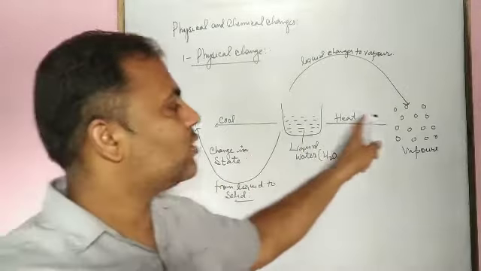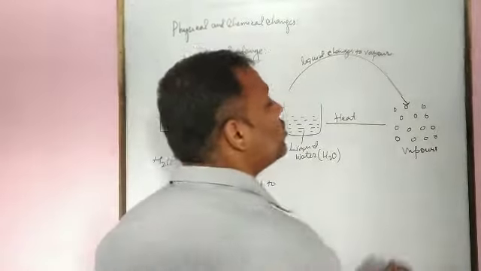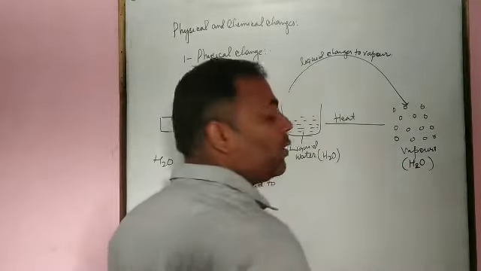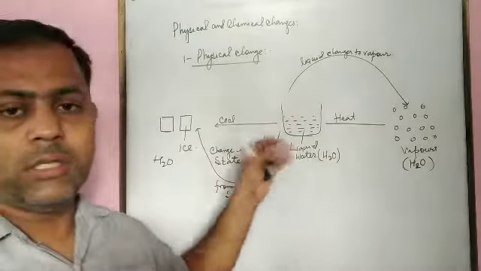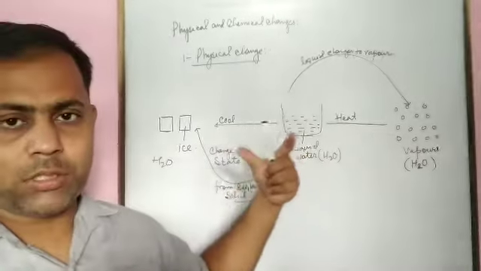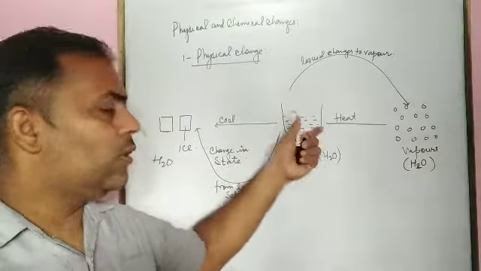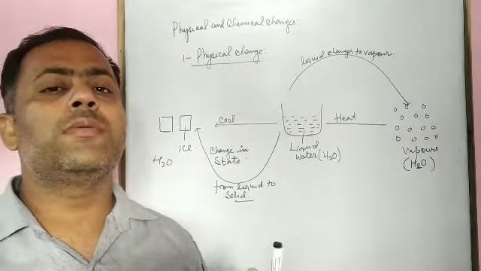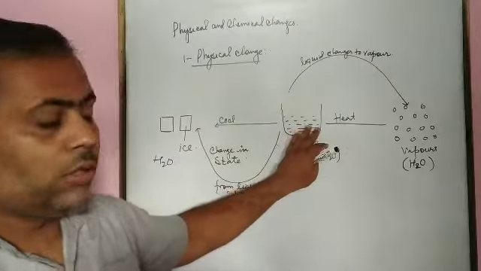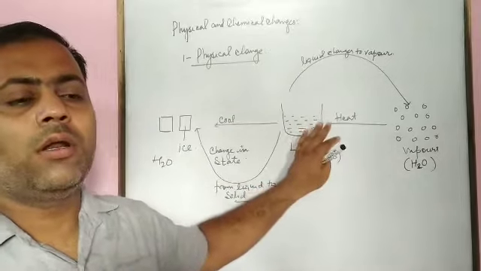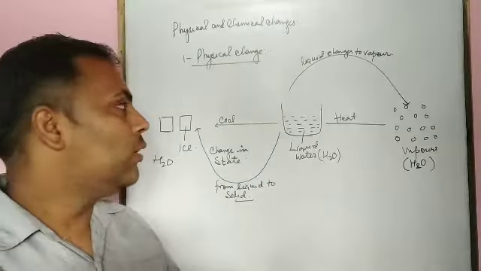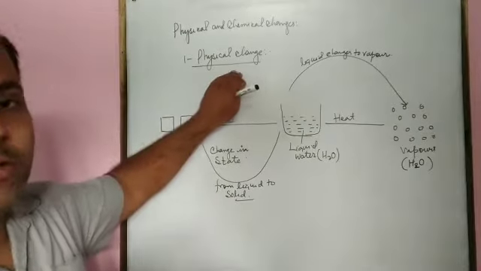On heating it, it is converted into vapor. Here it is H2O. It means in this change, the chemical composition remains the same. It means during this change, the change has occurred, but no new substances are formed. Then that change is termed as physical change.